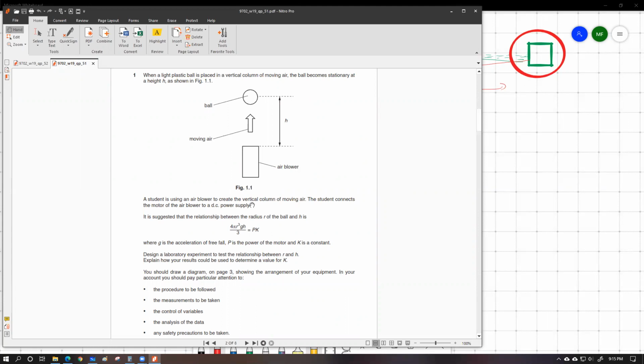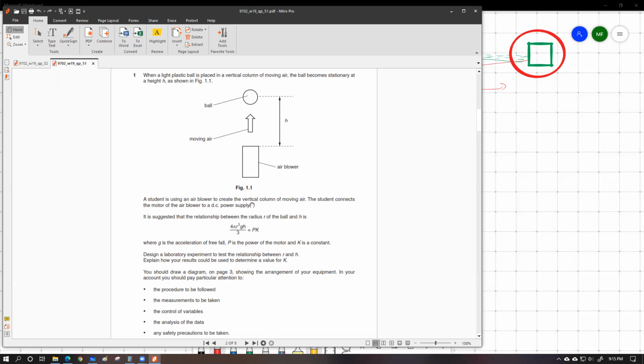We should use different balls which are all made from the same material, or all of them have the same density. And also, for the entire experiment, the power to the air blower should be kept constant, because we are trying to relate the radius of the ball, which is r, and the height of the ball.